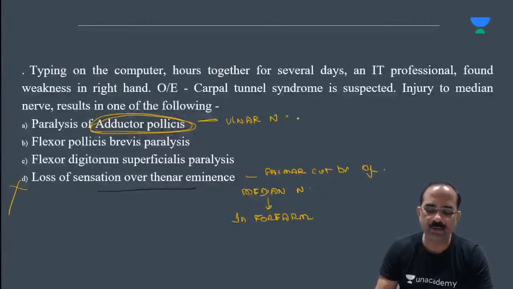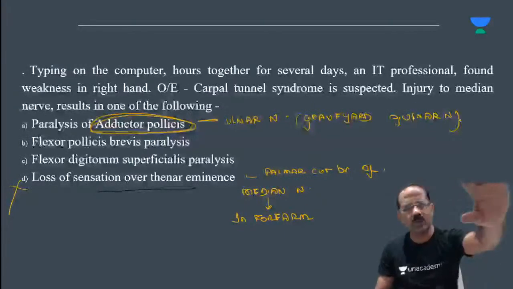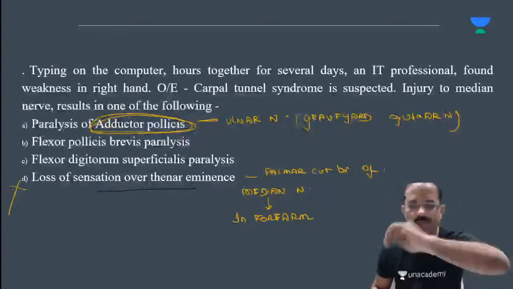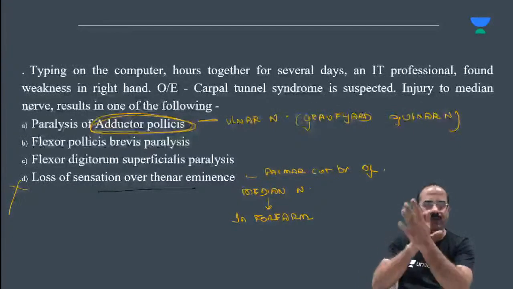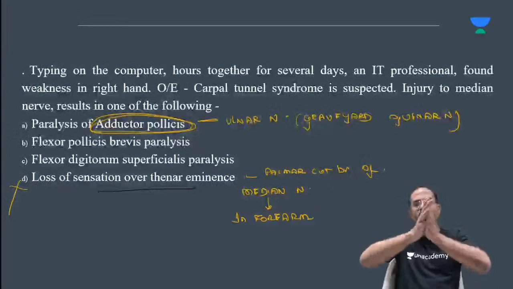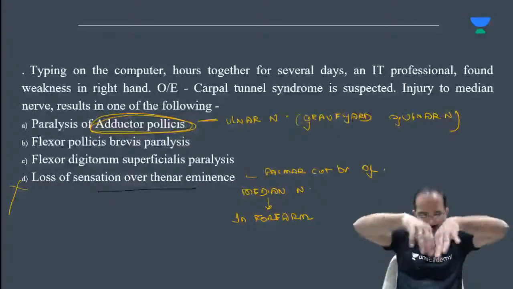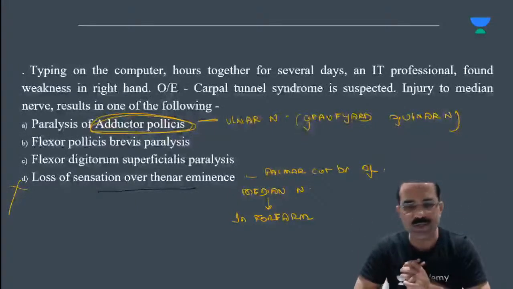It is in fact known as the graveyard of ulnar nerve. Why is it known as the graveyard of ulnar nerve? Because after supplying all these 15 muscles, the ulnar nerve supplies 15 muscles, the ulnar nerve goes and ends in the adductor pollicis muscle.